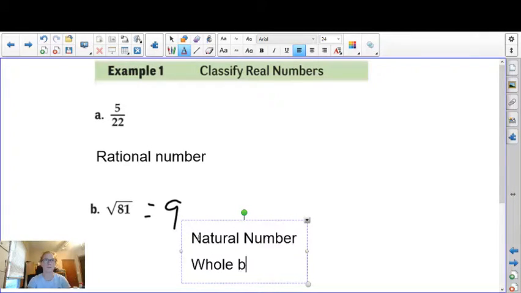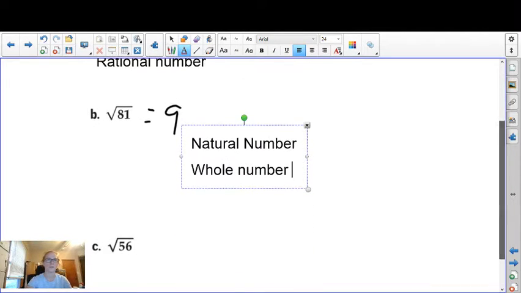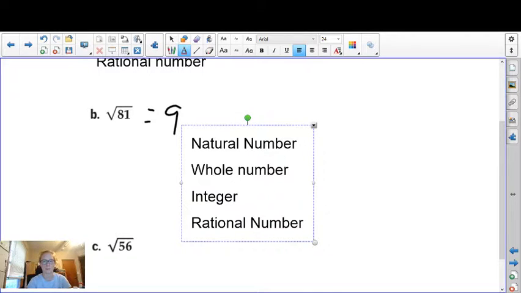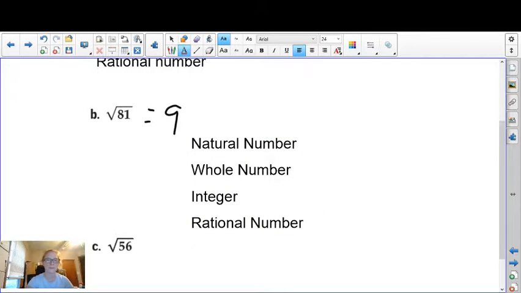It's a whole number. It is an integer. It is a rational number. So it falls under all of my categories on that left-hand side.